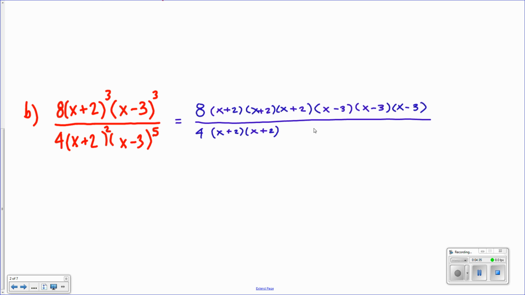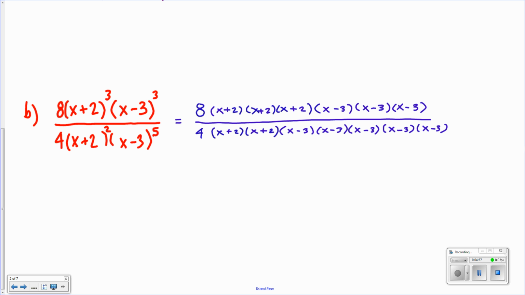So I'm going to put them right here. So we have x minus 3, x minus 3, and I'll make sure I get them all in there.